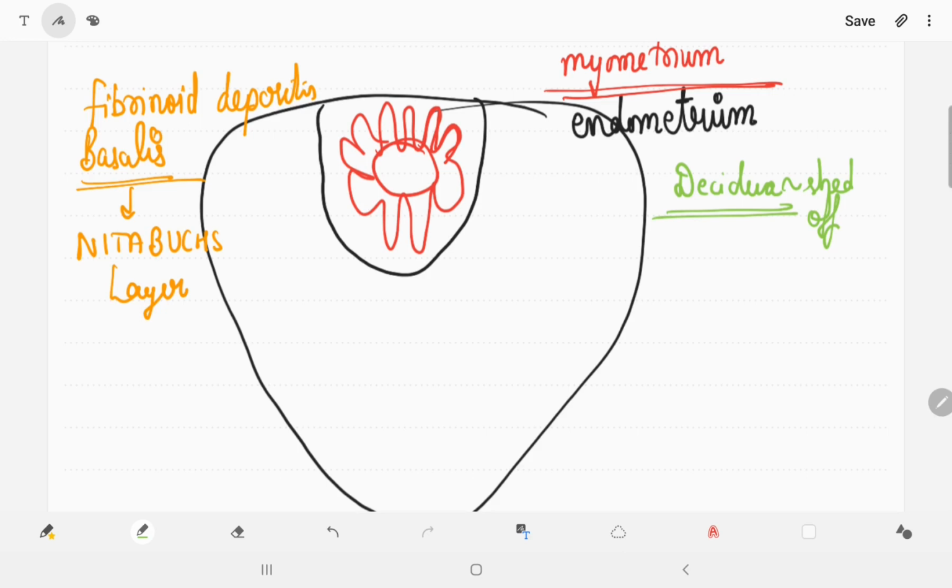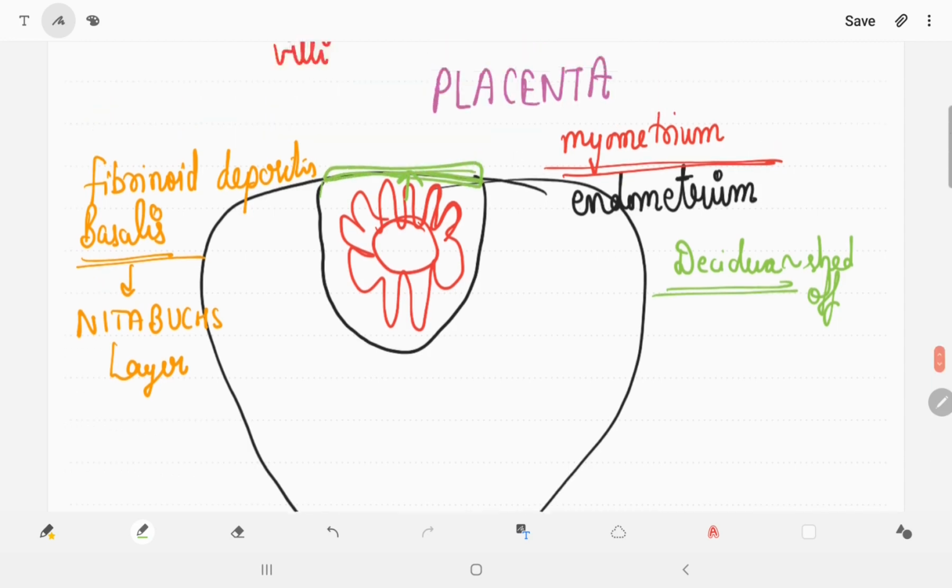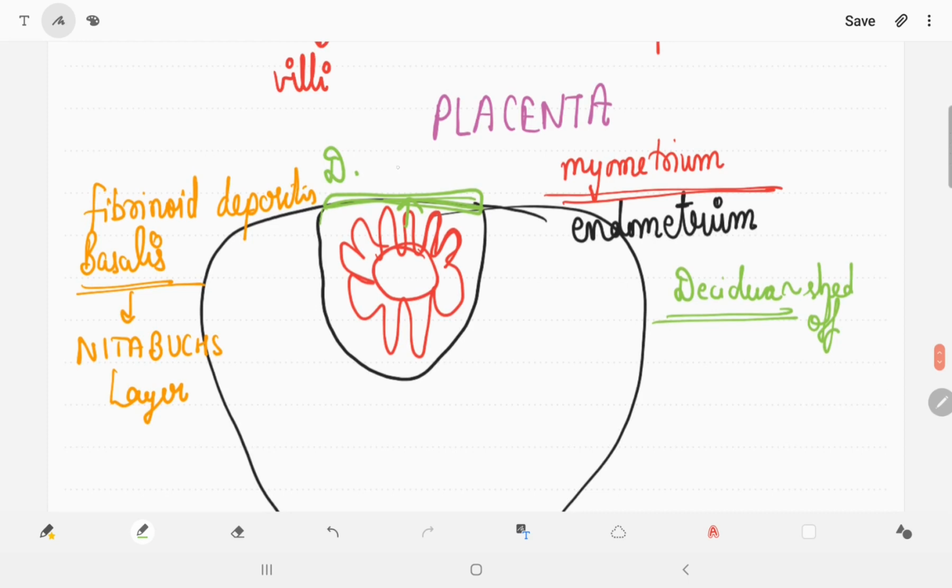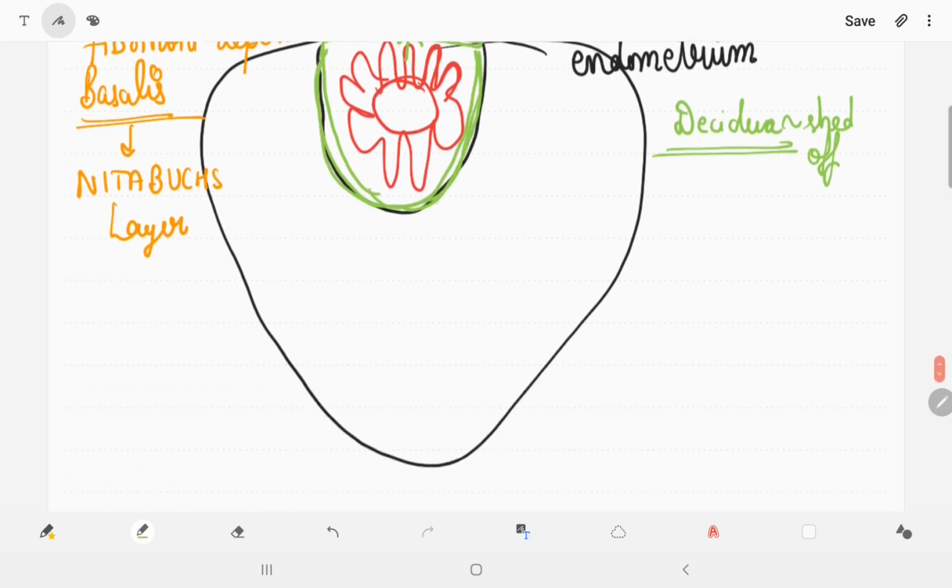And now in the pregnant uterus I have divided my endometrium further into 3 layers. This is very easy to understand. The area where the zygote is implanting is known as the decidua basalis. The region of the endometrium which is surrounding the rest of the portion of the baby is known as the decidua capsularis.